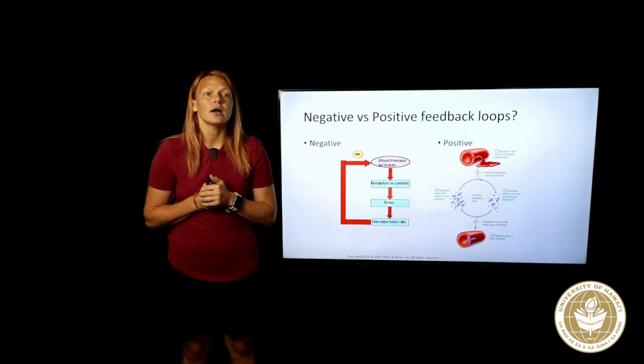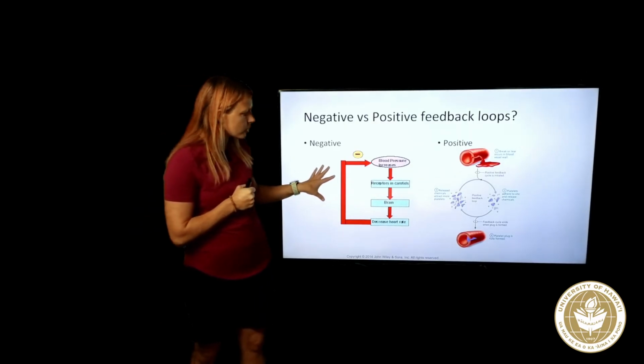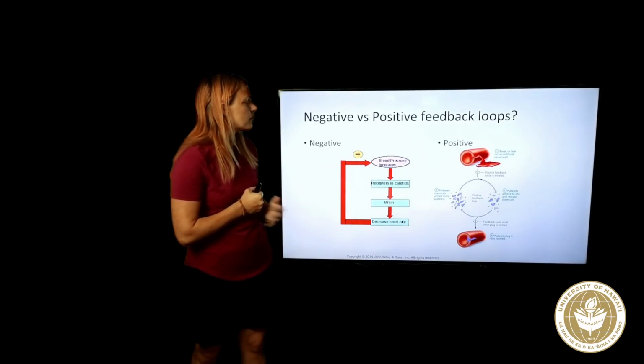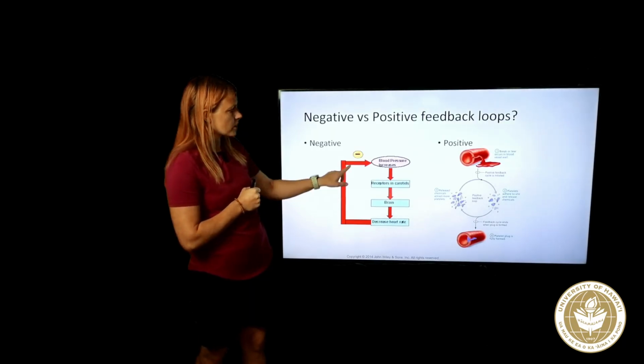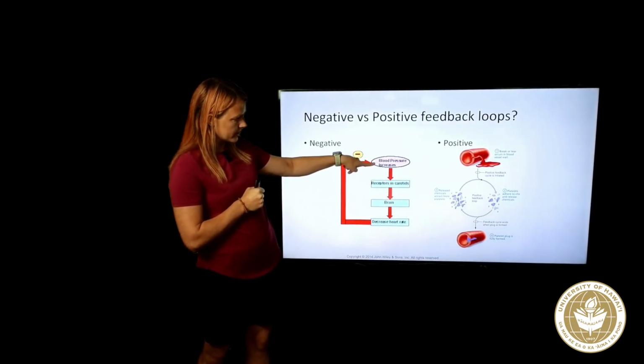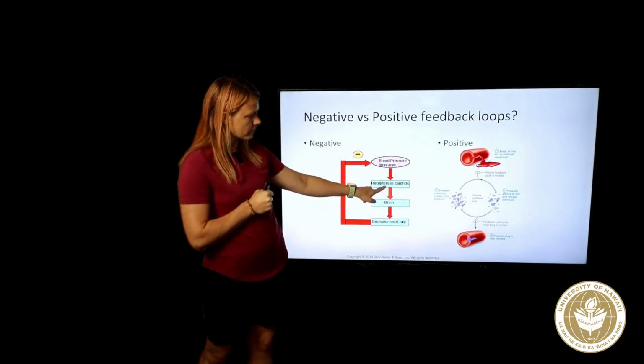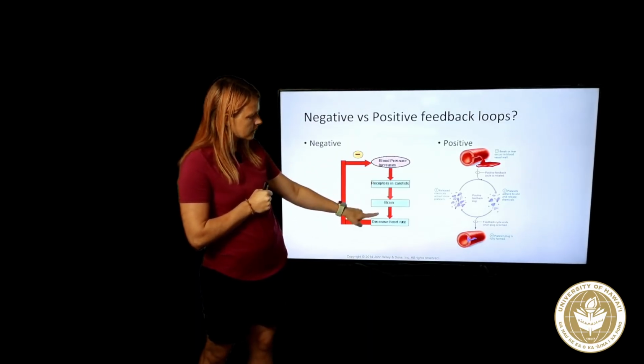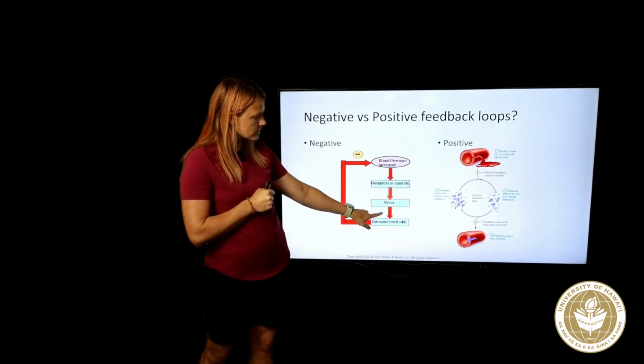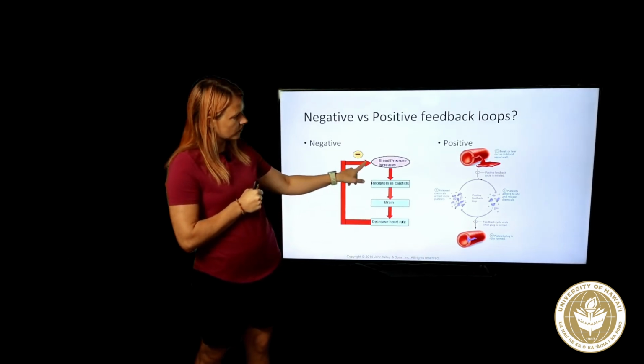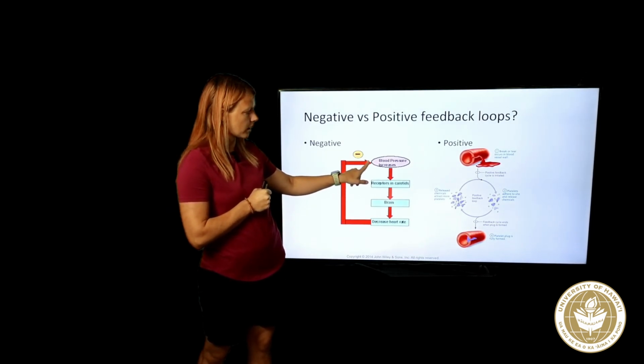So you can see an example shown here deals with blood pressure. If your blood pressure was to increase, it's going to send that information to the receptors in the carotid, then to the brain, and that's going to decrease your heart rate to hopefully decrease your blood pressure.